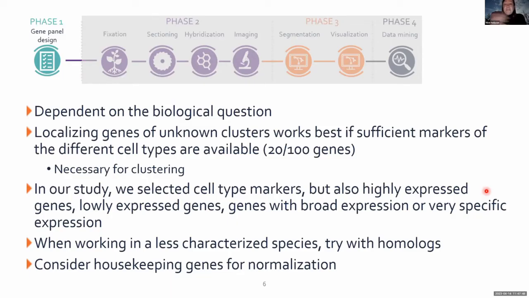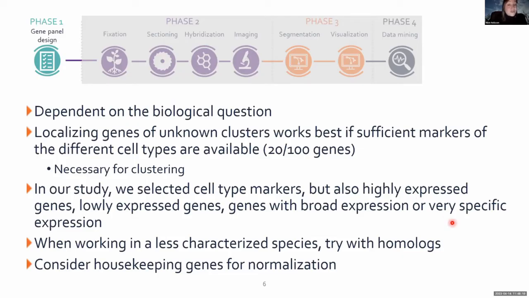And we thought maybe the very specific genes will not pop up in the right expression profile, or we will have troubles with highly expressed genes that mask maybe lower expressed genes. Now, in the technologies that we benchmarked so far, none of these issues were actually at stake. So we were able to detect both highly expressed, lowly expressed, specific, and more broad expressors. So there was no bias towards any of those.